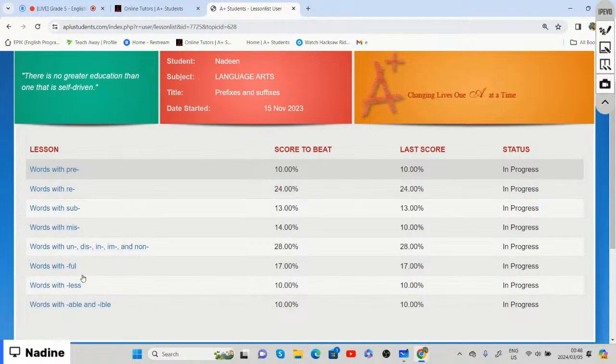And then we have words like full, less, and able, and these words are for the next lesson, but they are suffixes, right?